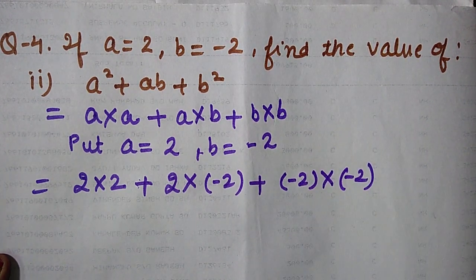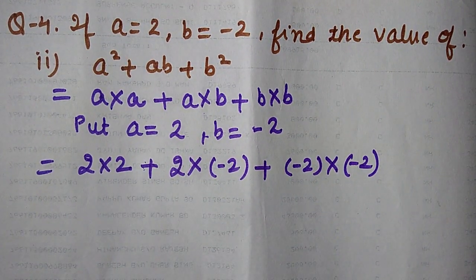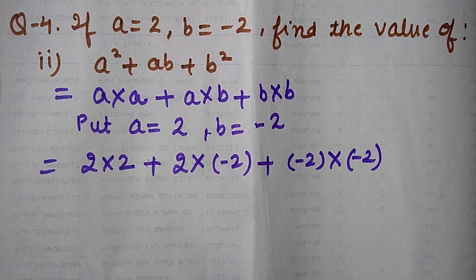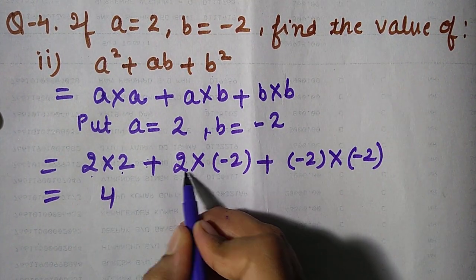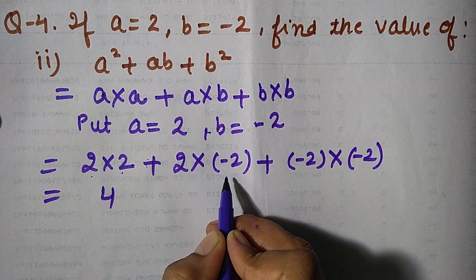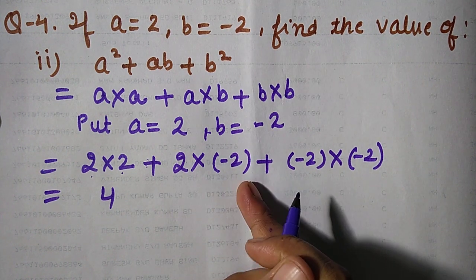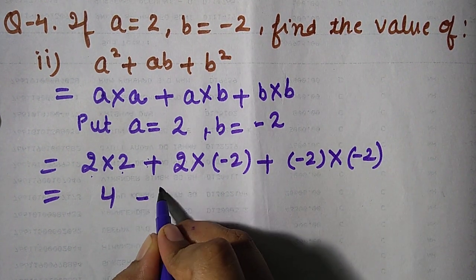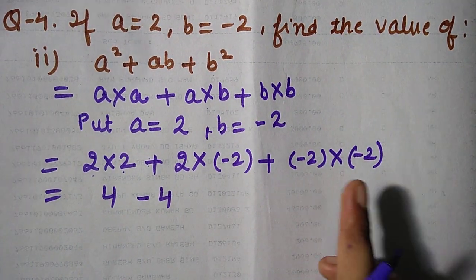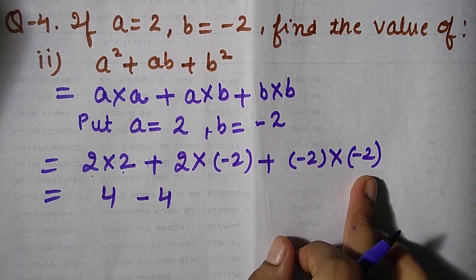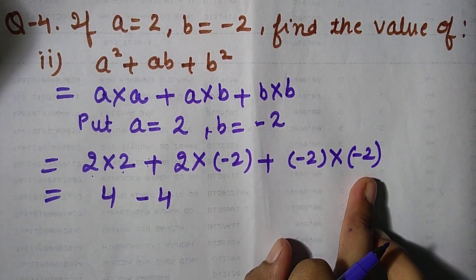So I will multiply the numbers first if multiplication is given. So 2 2s are 4. Now 2 into minus 2 means minus 4. Okay, so minus 4 will be there, and minus 2 into minus 2: two negative numbers are multiplying, so the result will be a positive number.